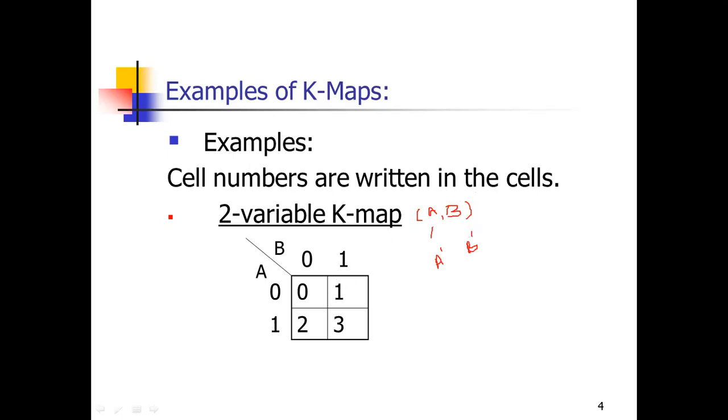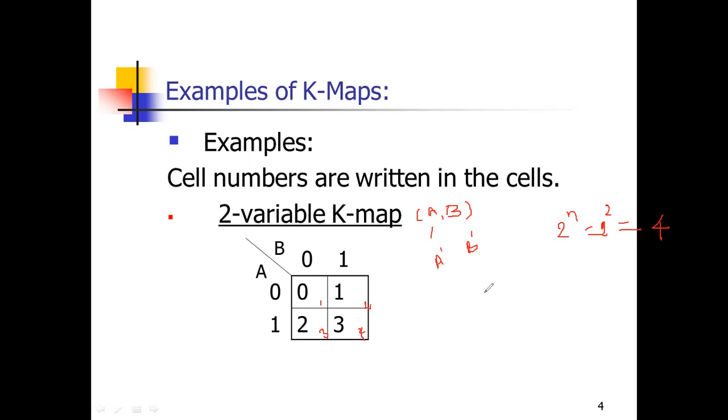Here is the important thing. Please listen here. This is called a Karnaugh map. According to this equation, 2 power n is the number of cells required, where n is the total number of variables. So for a two-variable equation, 2 power 2 equals 4 cells: cell number 1, 2, 3 and 4.